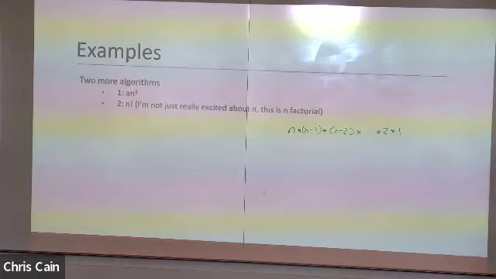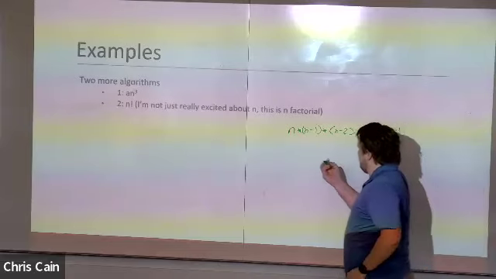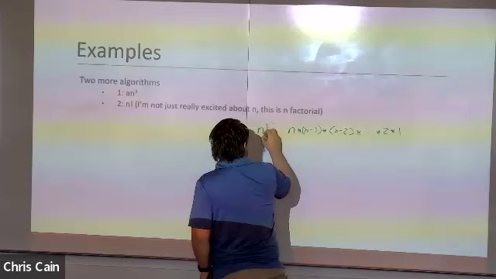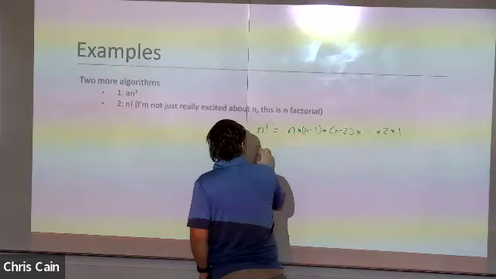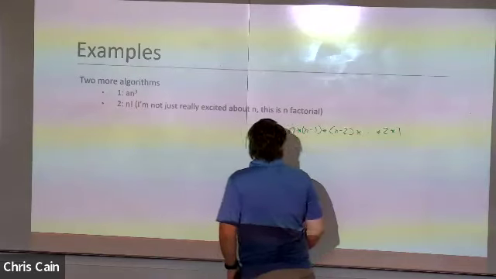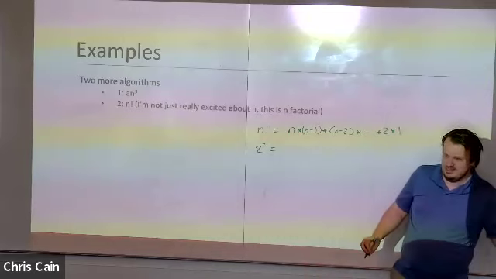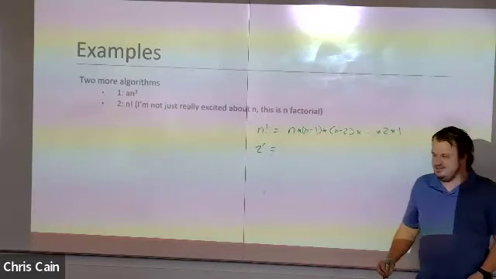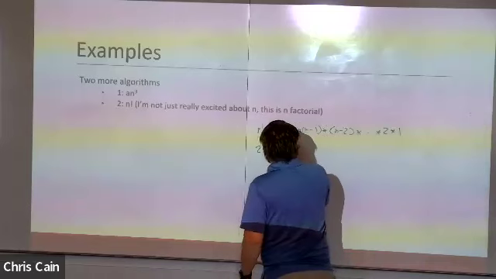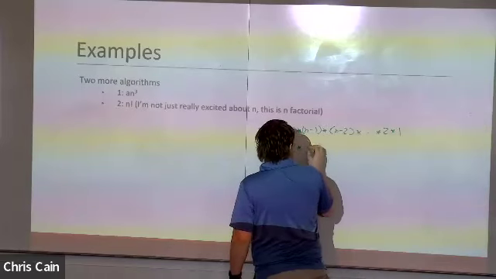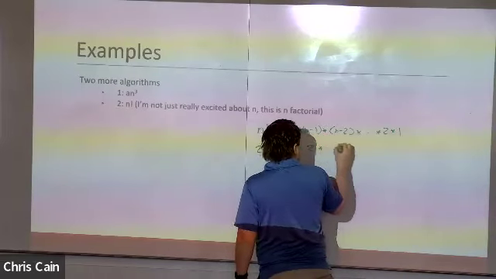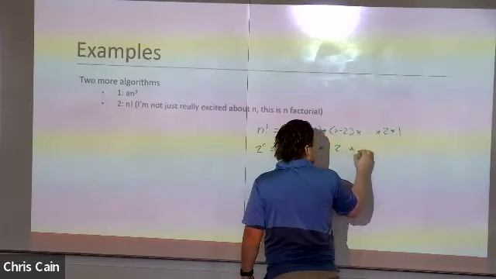What does it map closest to? Yeah, exponential. So we know that 2 to the n, so I'm going to write this as n factorial equals. So if it had 2 to the n, what would that look like? Instead of this n, we would have 2. Instead of this n minus 1, we would have 2. Instead of this n minus 2, we would have 2.